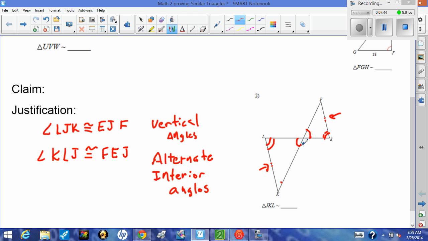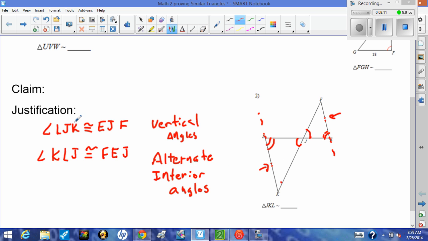Now if we look closely, if I were to extend this parallel line, I can see that this is the smaller angle or the acute angle, while the other side would be the obtuse. If I go over here, I can see that this too is also the acute angle where the other side is obtuse. So the acute angles will be congruent. They're alternate interiors because they're inside the parallel lines.